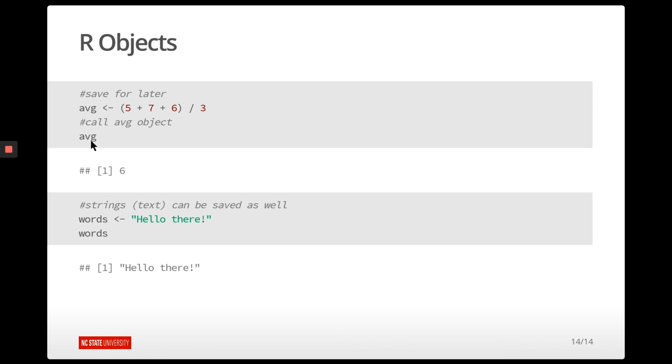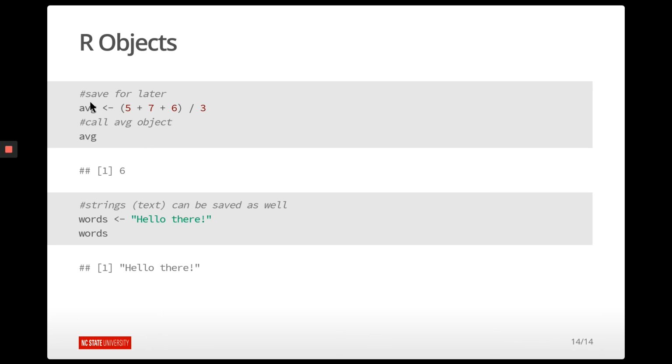Just to also mention here how to create your R object. We've seen it in our programs a little bit, but we have this storage arrow. This is just the less than sign and a dash. This is the way to create an R object, generally speaking. So I'm creating here an R object called AVG that is storing the result of this computation.